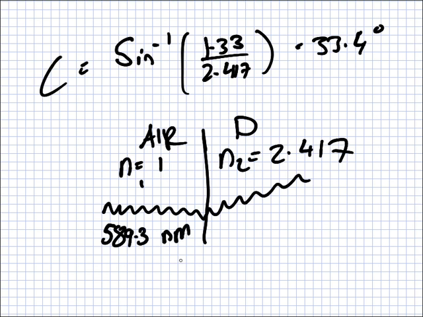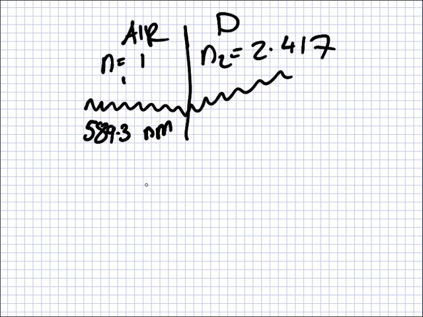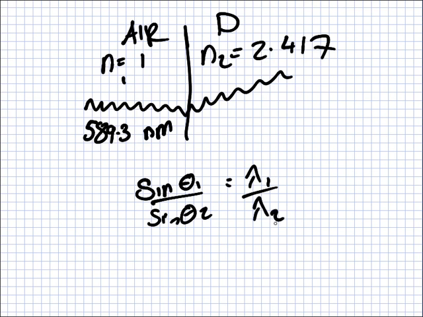This one is where it's useful to use the other formula for Snell. You have sine theta 1 over sine theta 2 equal to lambda 1 over lambda 2. But don't forget you still have the first formula, sine theta 1 over sine theta 2 equals n2 over n1. By combining the two formulas, you get n2 over n1 equals lambda 1 over lambda 2.